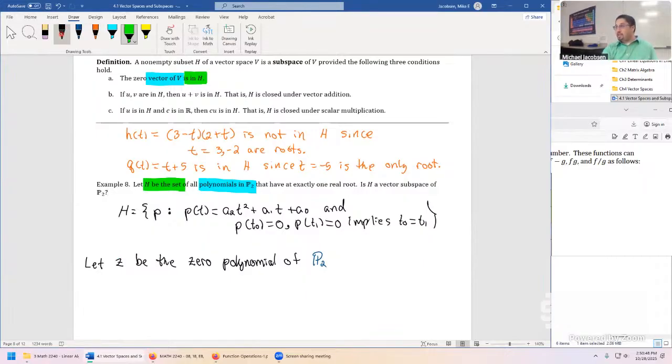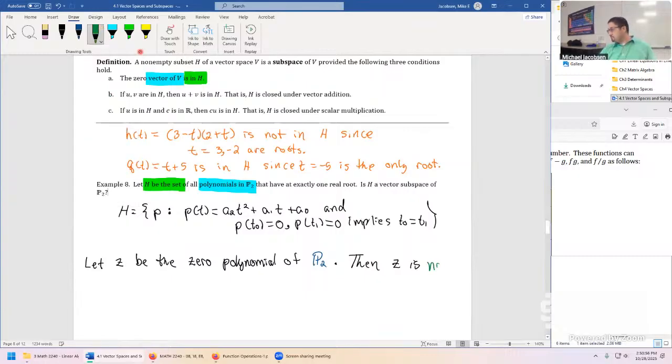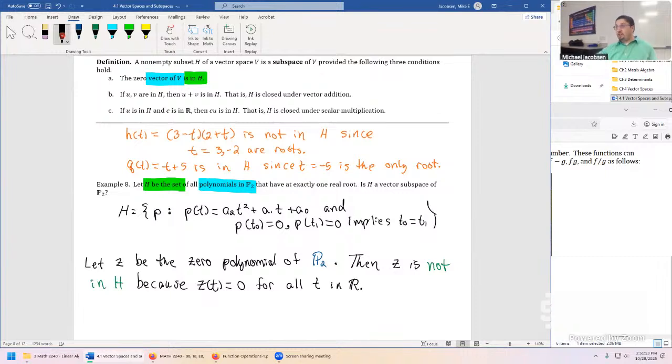So there's a problem already. We can say, then, z is not in H because z of t equals 0 for all inputs t in R.